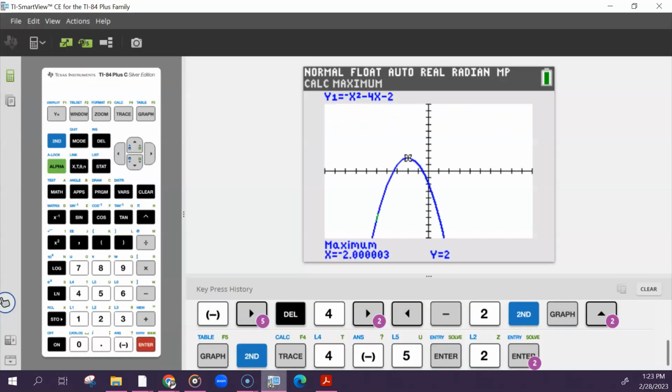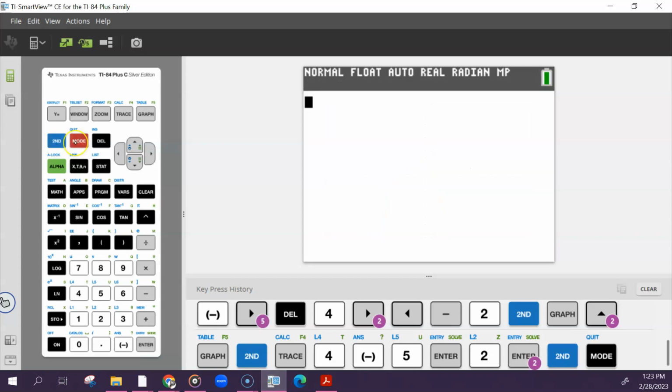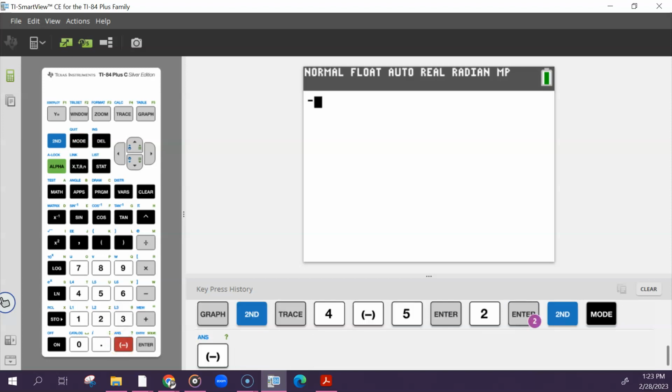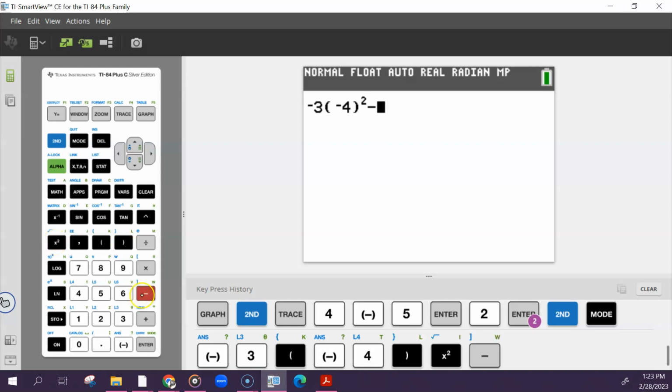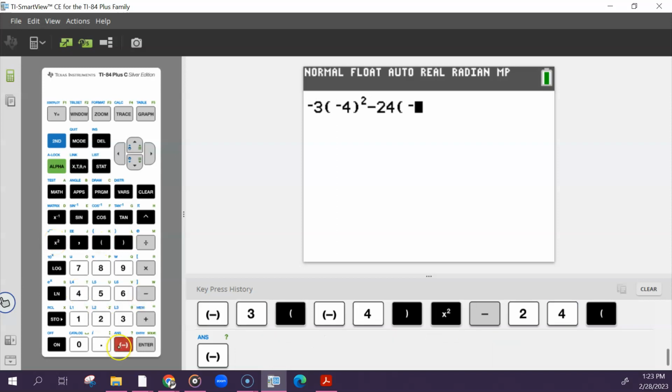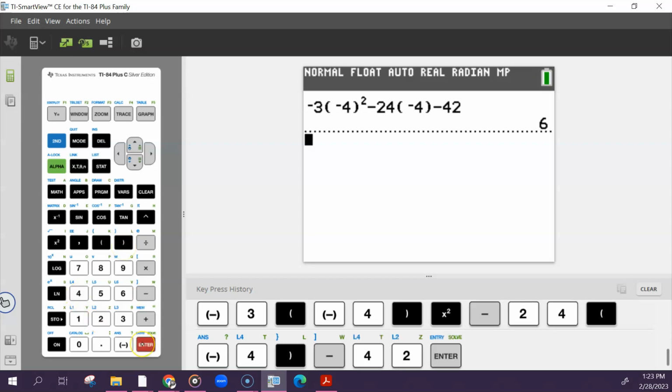If you are on your calculator, if you hit second mode, it will take you back to the home screen. I think that's right. Huh? Okay, I did something wrong. This got 198.